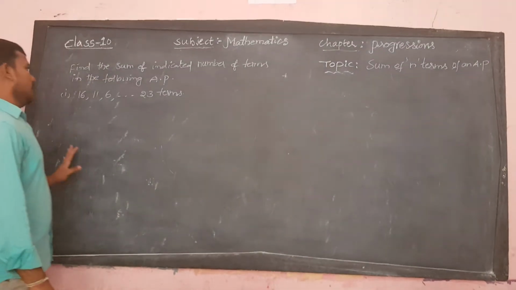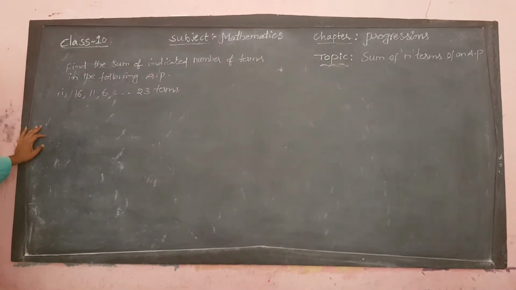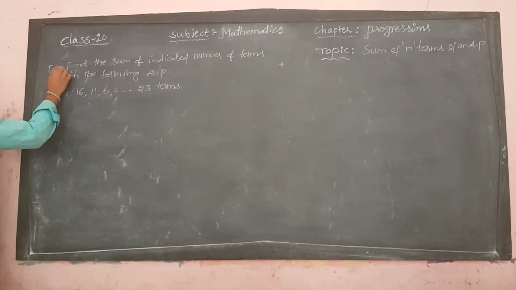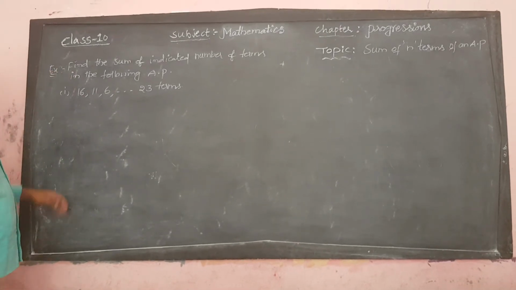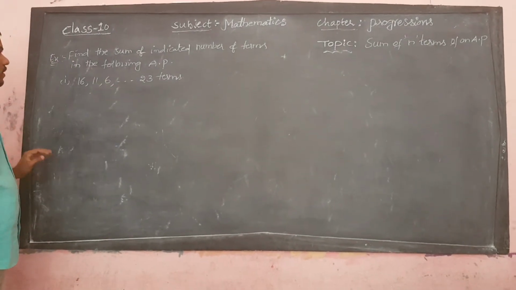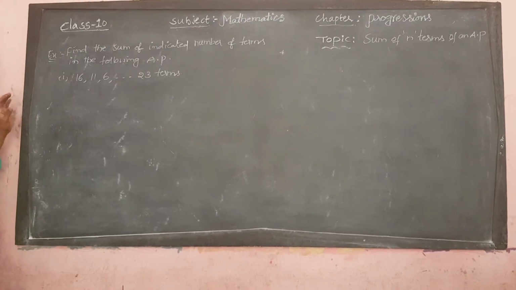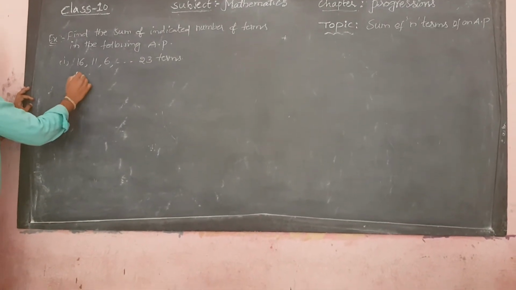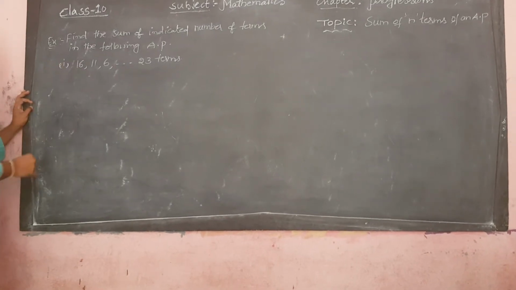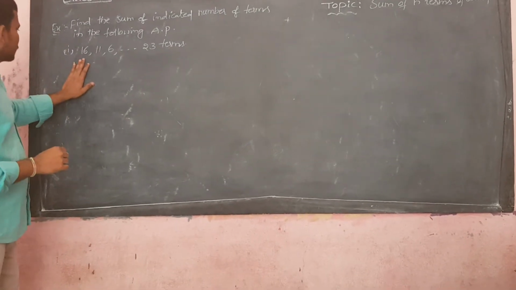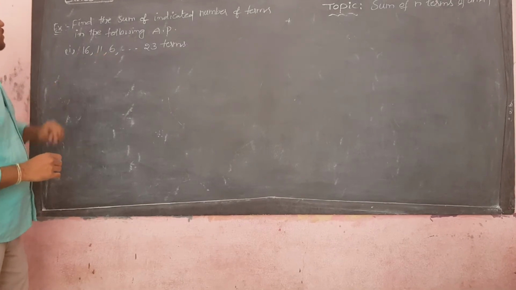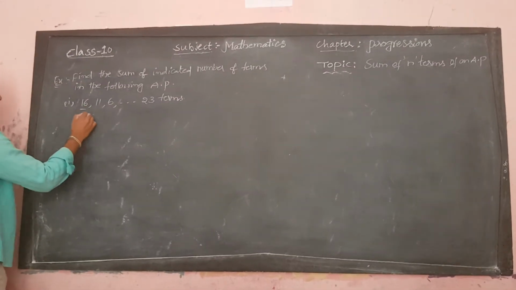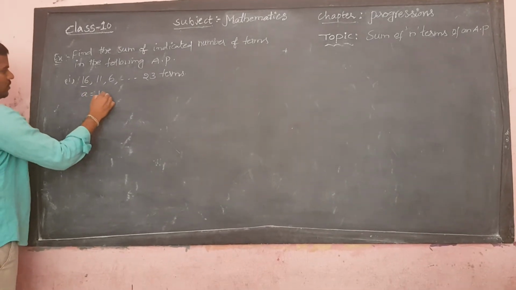Let us see an example on the sum of n terms of an AP. Find the sum of the indicated number of terms in the following AP: 16, 11, 6, and so on, 23 terms. Here 16 is the first term, so a is equal to 16.